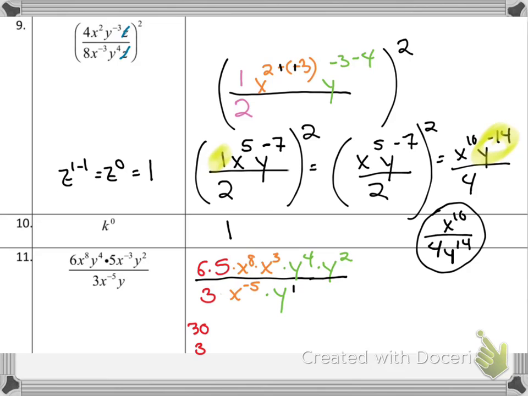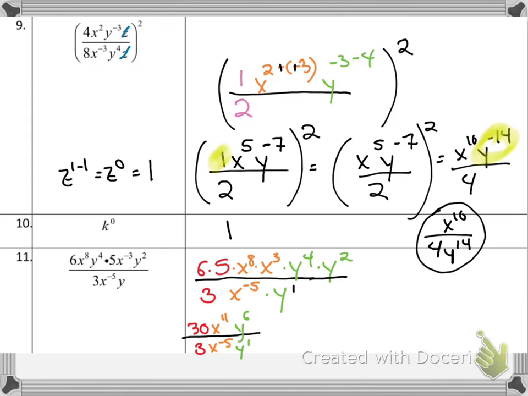So I will have 30 over 3. Then in the numerator, we have 8 plus 3. So we have x to the 11th. And we'll keep x to the negative 5th in the denominator. We won't change that. Then we have y to the 4th times y squared becomes y to the 6th. And downstairs we have y to the 1st power.